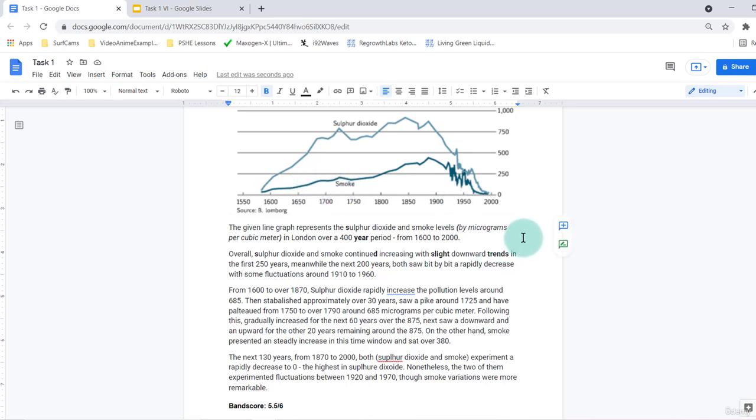So in a way, I'm not sure that that answers the question properly. Maybe we could rewrite this. Let me take a look and we can think about rewriting it, or I may just leave it in. Overall, sulfur dioxide and smoke continued increasing with slight downward trends in the first 250 years.